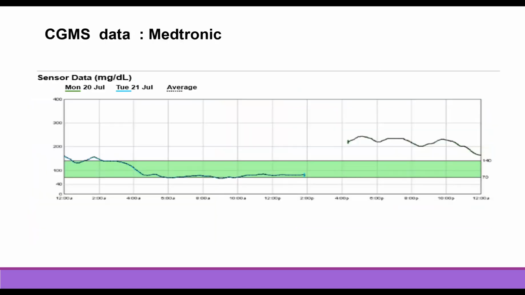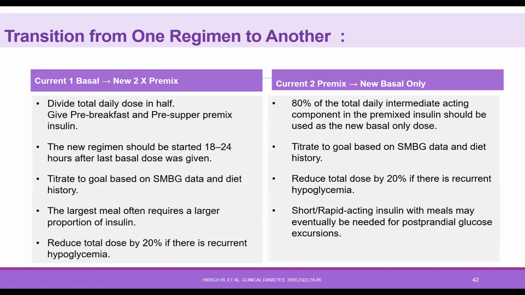After this, we found that this patient has good glycemic control during the night time, but poor control in the morning hours, say from 6 to 12 in the morning. Because this is poorly controlled, the patient has poor A1c control.